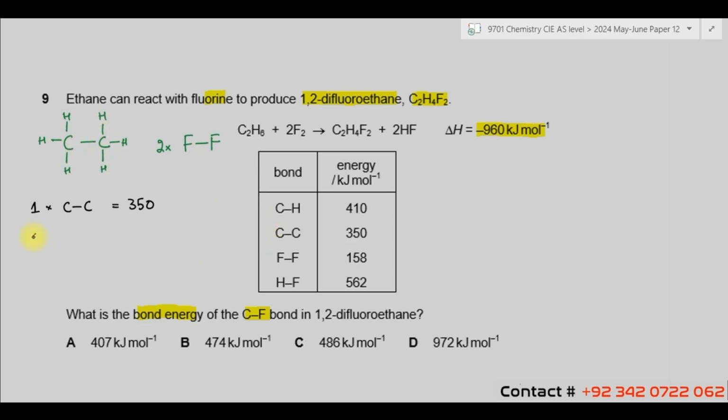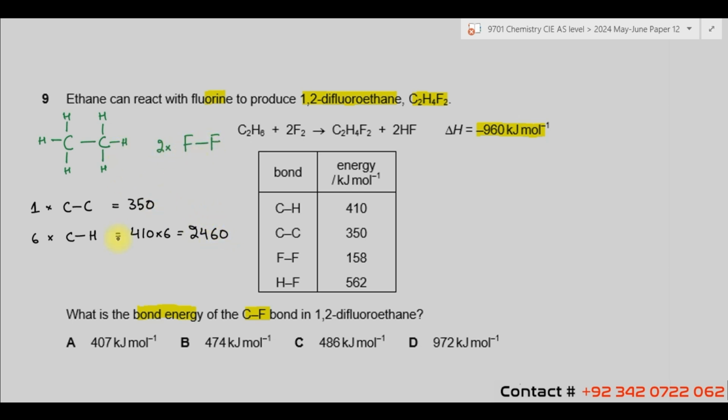So 6 into CH, so 6 multiplied by 410, which is equal to 2460.